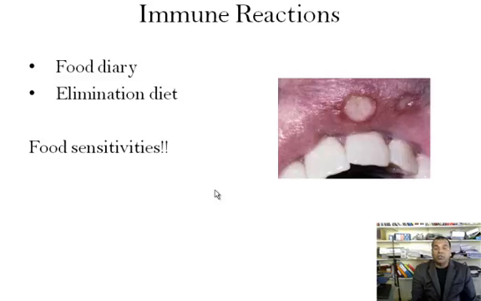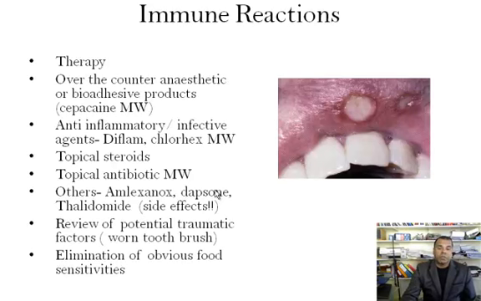An elimination diet is also another possibility to identify common foods. So therapy, you can have over-the-counter anesthetics or bioadhesive products such as Cidacaine, which is an anesthetic mouthwash, anti-inflammatory and anti-infective agents such as Diflam, chlorhexidine mouthwash, topical steroids on occasions, and topical antibiotics.